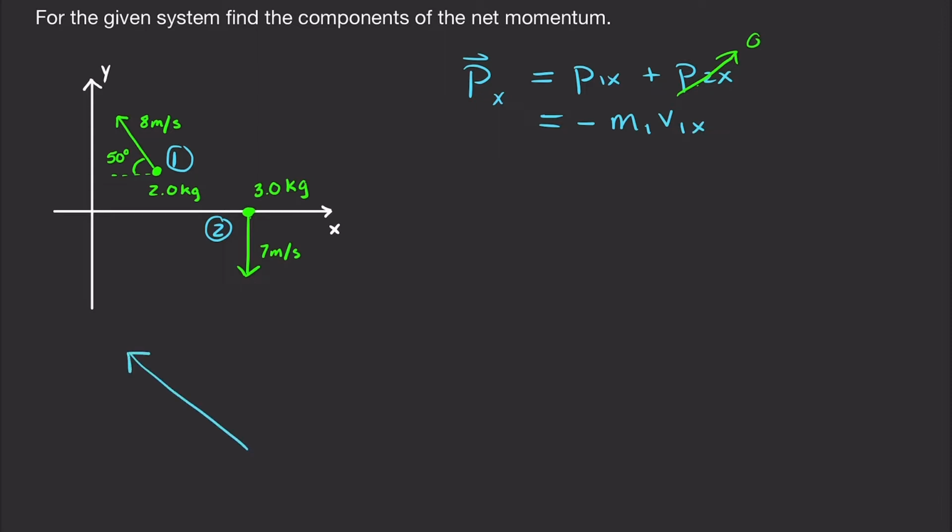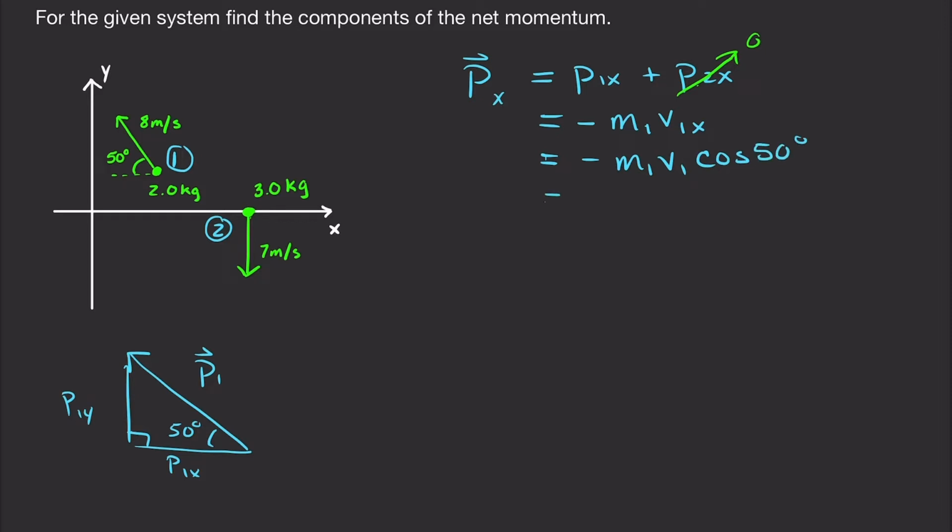So if we make our right triangle, where this is the momentum of the first particle, and this is our angle, this will be P1y, this will be P1x, and so P1x is the adjacent side, so that means it'll be minus m1 v1 cosine of 50 degrees.